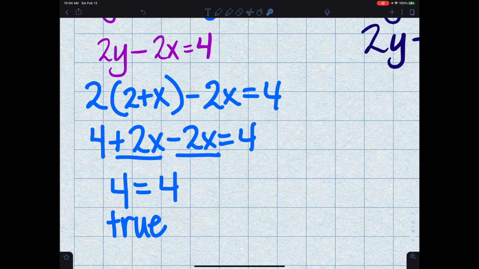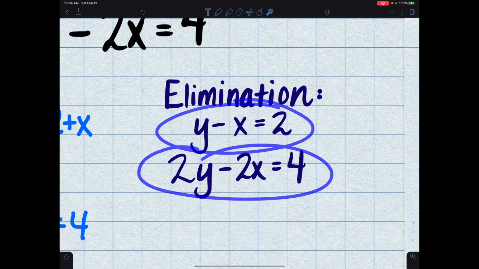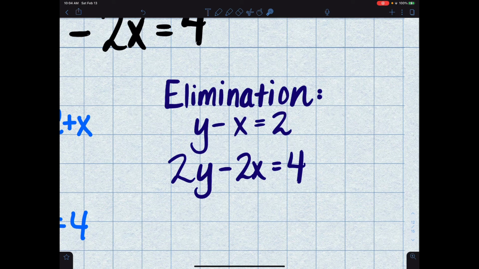Okay, let's do it with the elimination method. So here's the elimination method, and here are the two equations again. These are the same ones as before. We're just pretending we don't know what those graphs look like. The elimination method means we're going to try and add these together in a way that makes one of the terms cancel out. So we could get the x's to cancel out if we put a 2 here, right?